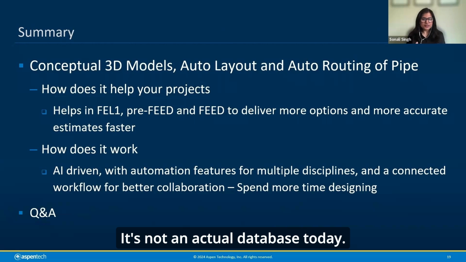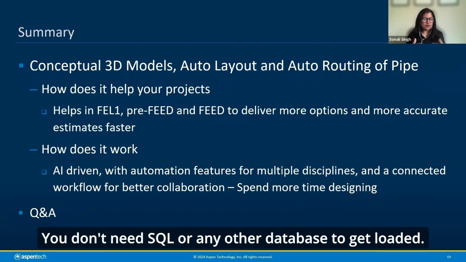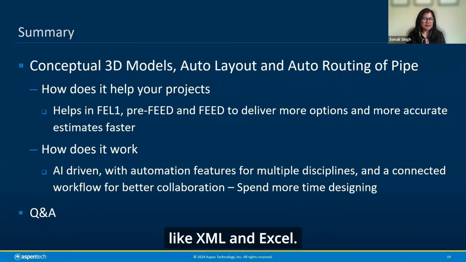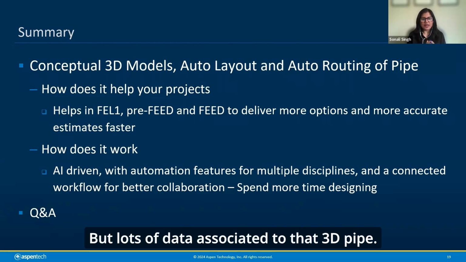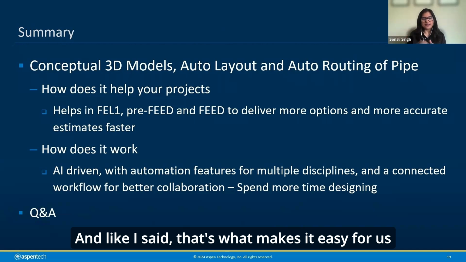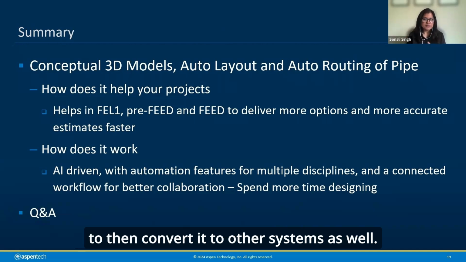It's not an actual database today. You don't need SQL or any other database to get loaded. We just have the data stored in different formats like XML and Excel. But lots of data is associated with that 3D pipe. And like I said, that's what makes it easy for us to then convert it to other systems as well.